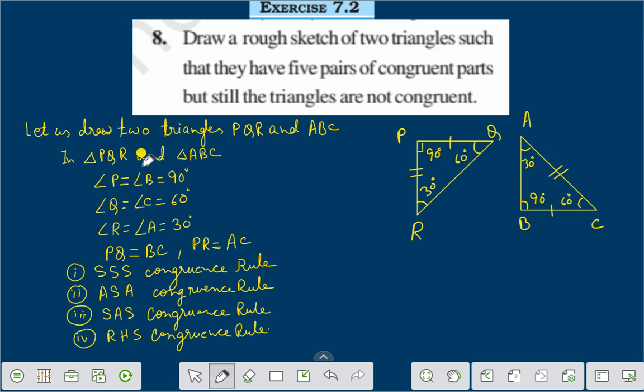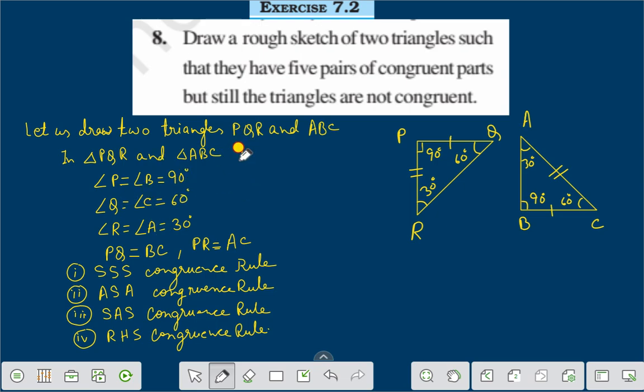But here you see in triangle PQR and triangle ABC, none of the congruence rules applies. In this figure, in triangle PQR and triangle ABC, we find that 3 angles are equal and two sides are equal.